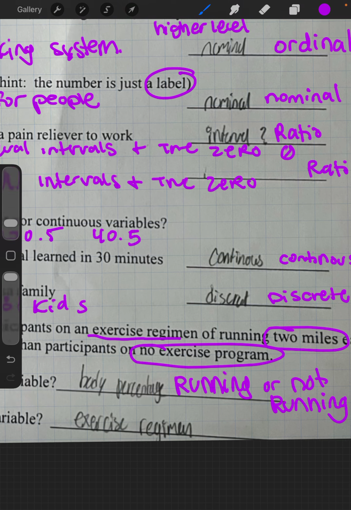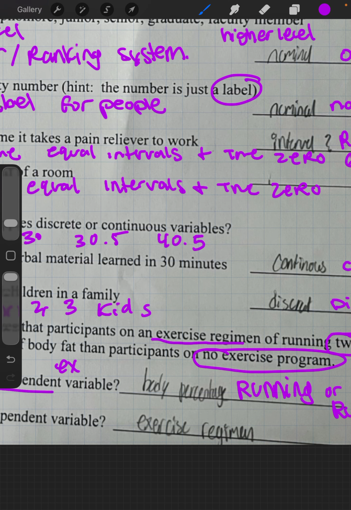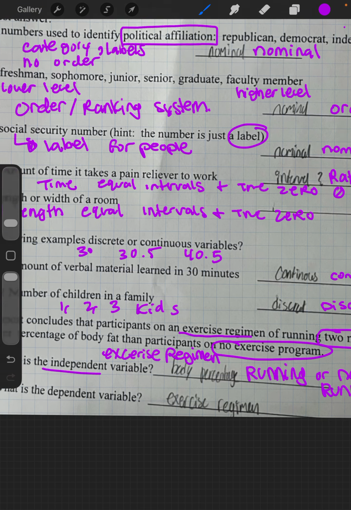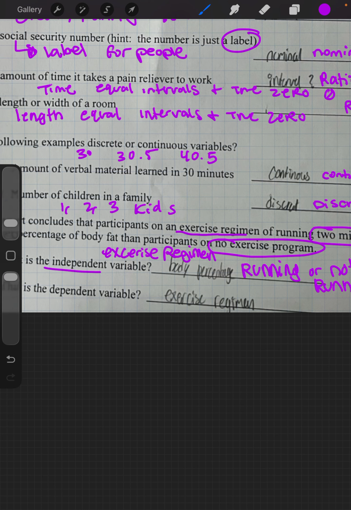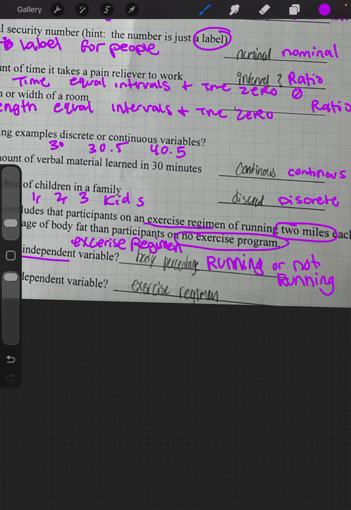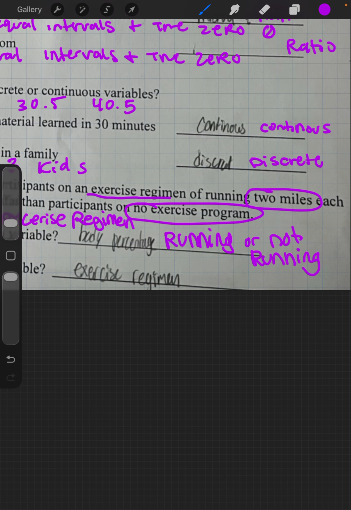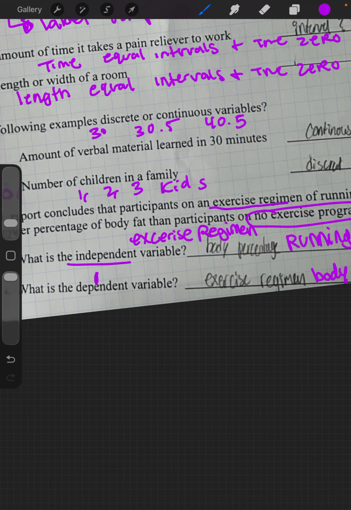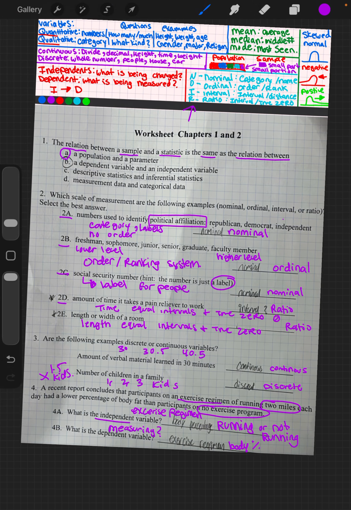So this would actually be the exercise regimen. And then the dependent is what's being measured. What's being measured is the body percentage.